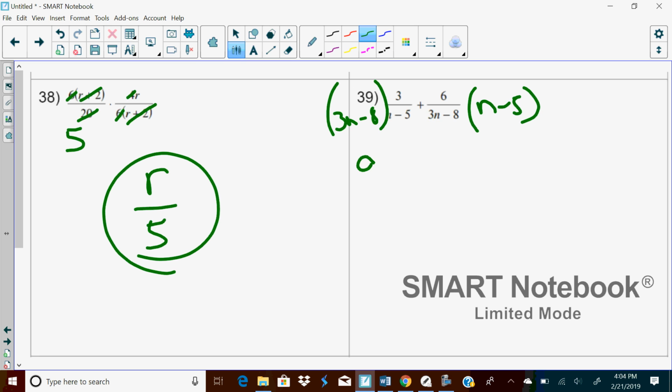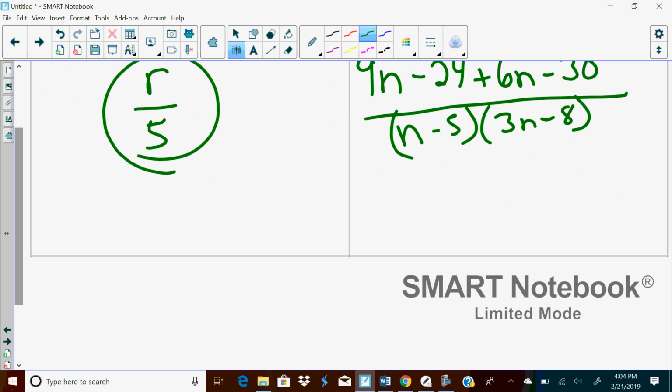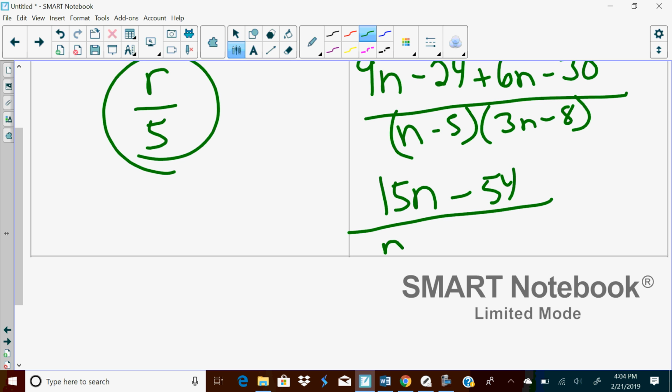So I'm going to get 9n minus 24 plus 6n minus 30 over n minus 5 times 3n minus 8. So I simplify and I get 15n minus 54 over n minus 5 times 3n minus 8.